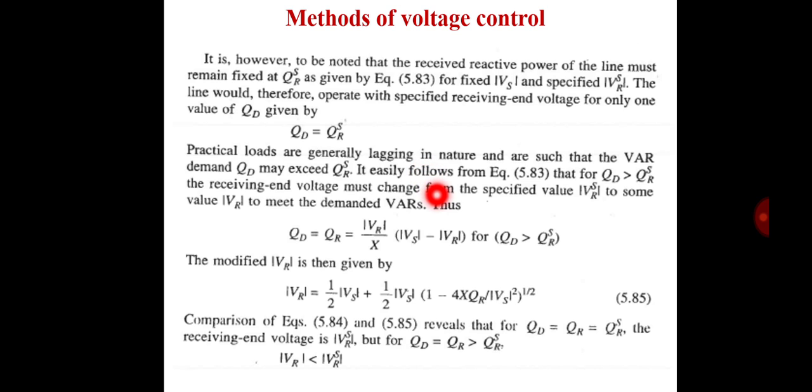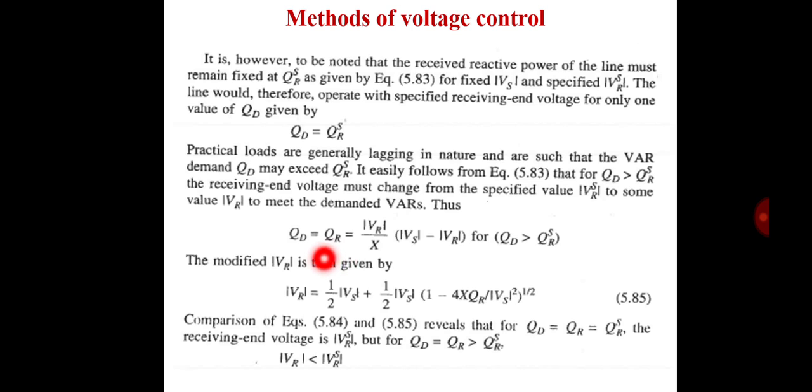It easily follows from the equation that for QD greater than the specified receiving end reactive power, the receiving end voltage must change from the specified value to some value of VR to meet the demand VARs.